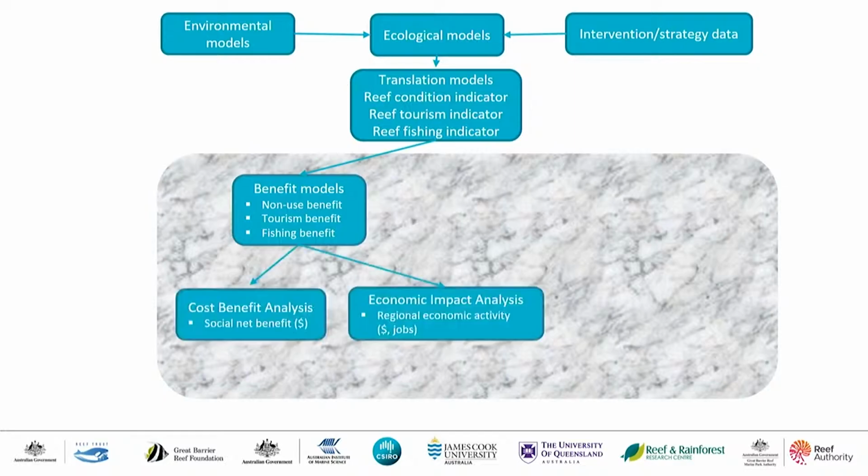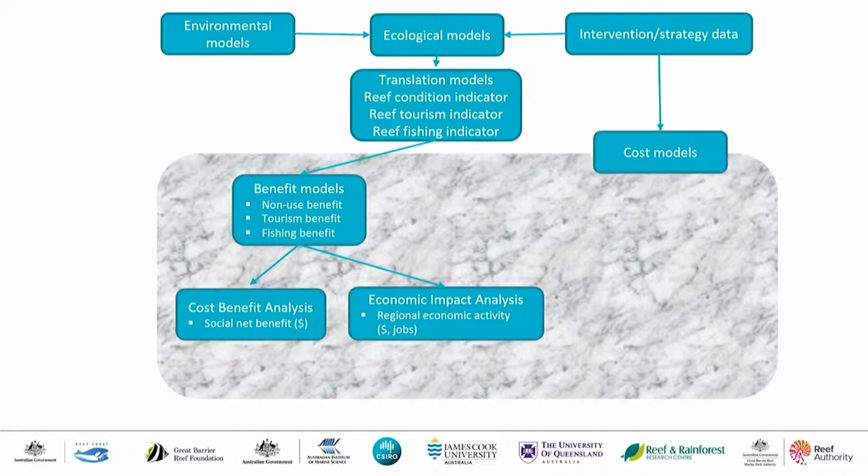Then the outputs of these benefit models can be used in a cost-benefit analysis. So we're looking at what's the social net benefit of a certain intervention or strategy, or into an economic impact analysis of outputs. So how many jobs or how much revenue do we generate by having that intervention that saves us from losing, for example, commercial fishing profits?